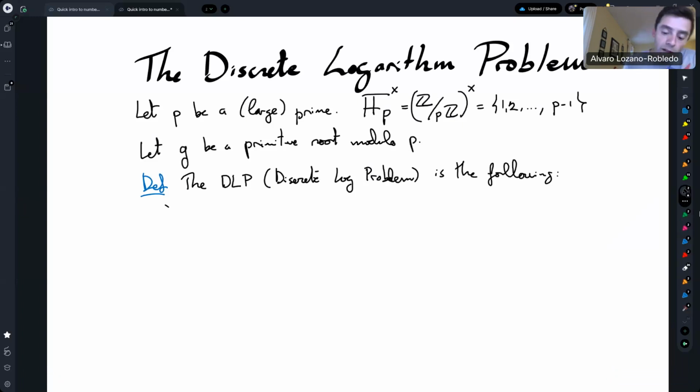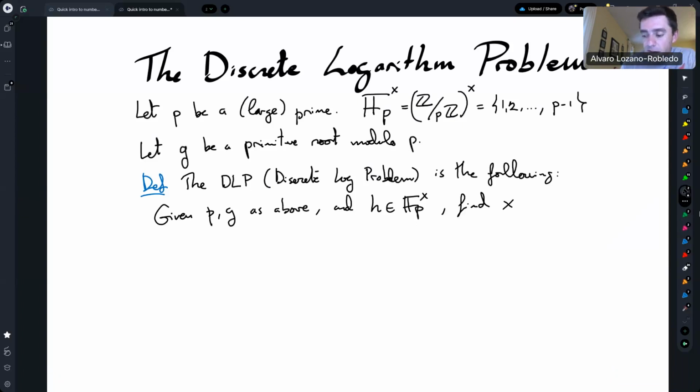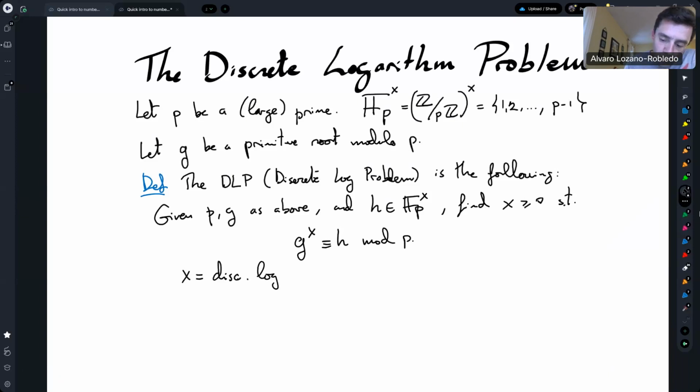Given P and G as above, and H in F_P cross, so some unit, find x bigger or equal to 0 such that G to the x is congruent to H modulo P. And then we call x the discrete log of H in base G.